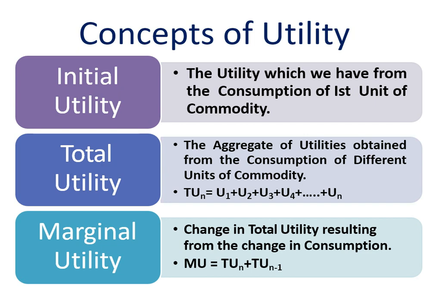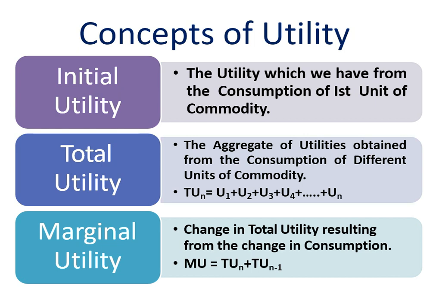Initial utility means the utility which we have from the consumption of the first unit of a commodity. The utility which you take from the first glass of water, from the first bite of pizza, or anything which you are using, the first unit of that commodity's utility is called initial utility.